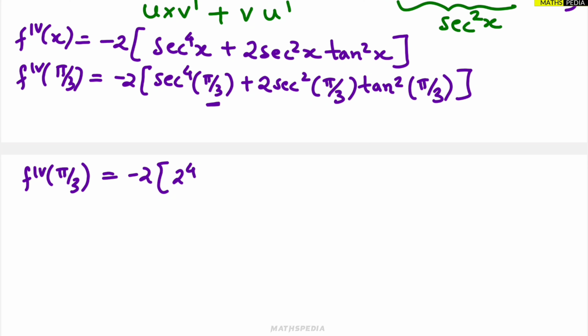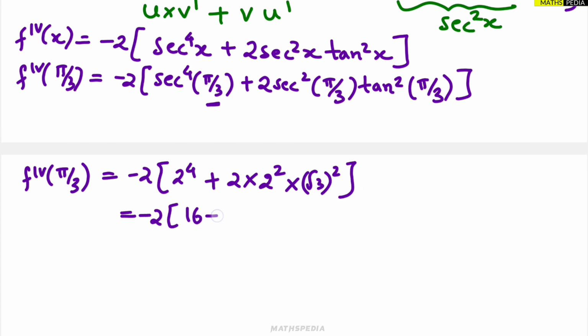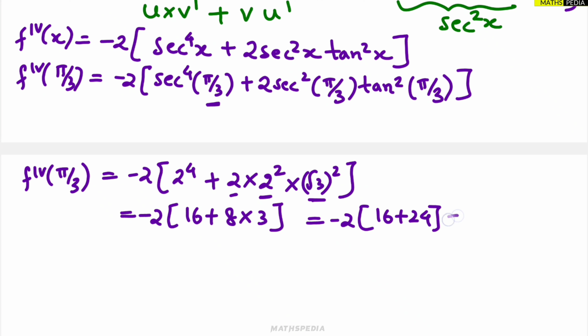So 2 power 4 plus 2 into 2 power 2 into tan 60, which is root 3, so root 3 square. Done. So minus 2 into 2 power 4, which is 16, plus 4 into 2 is 8, and 8 into root 3 square, which is 3, so 24. This will be minus 2 into 16 plus 24, which is 40. So minus 2 into 40, the answer will be minus 80. Done, so the fourth part also we got.